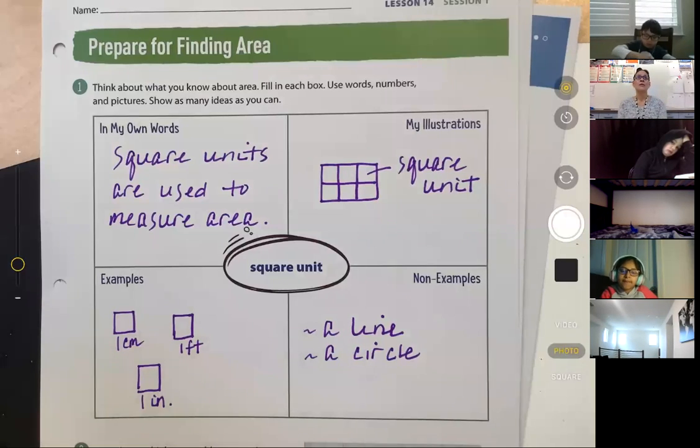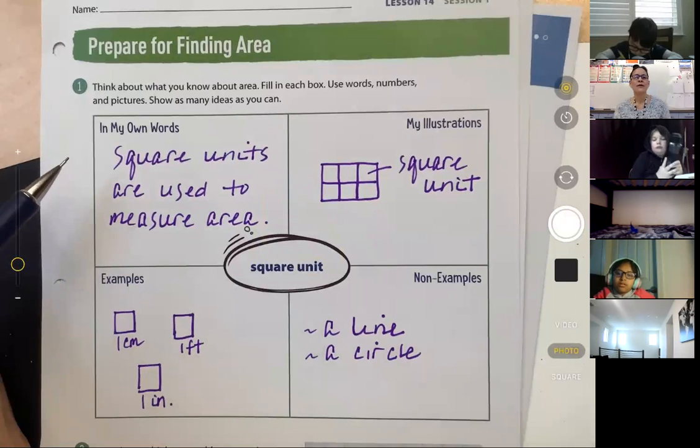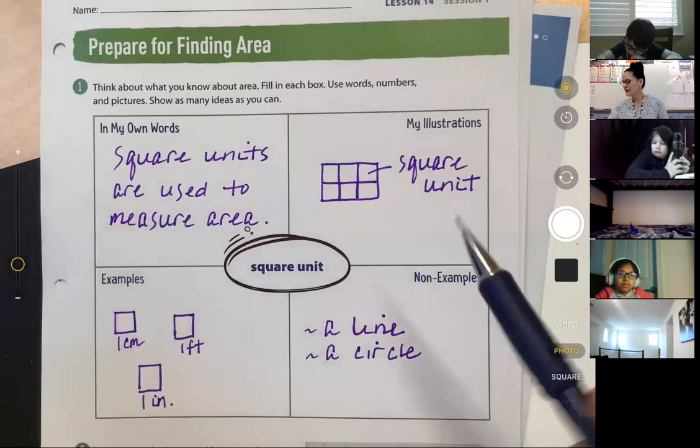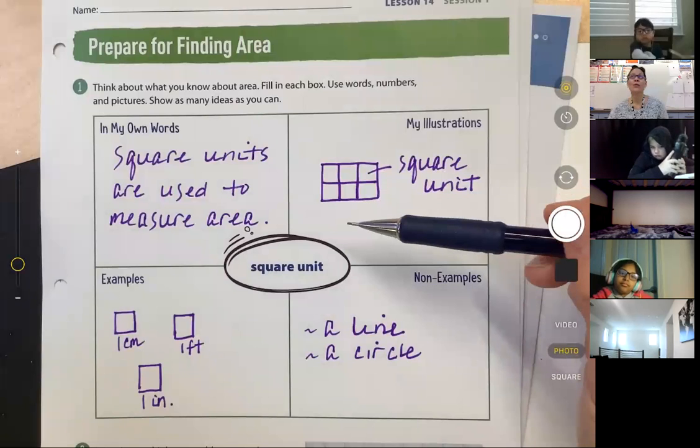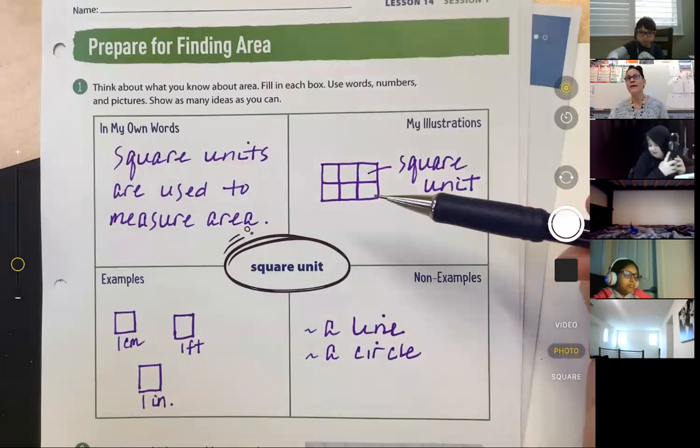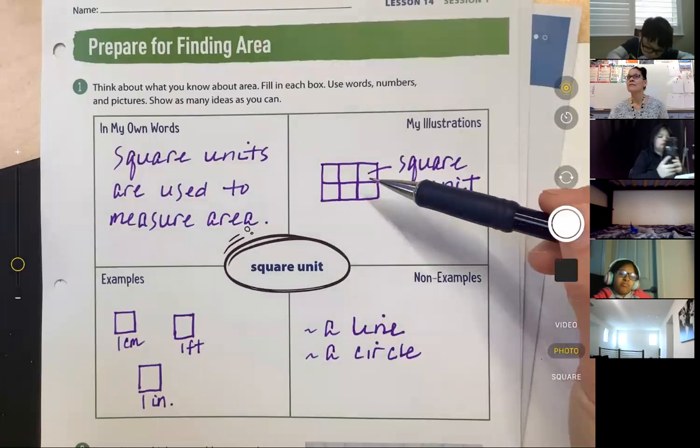So again, friends, yesterday when we were talking about page 305 and we were filling in this page in your groups, we were talking about what you knew about square units. So again, square units, in simple words, they're used to measure area. An illustration, a very simple one, right, is a rectangle that, of course, is being covered by 6 square units that you can see here, and I've identified just one square unit here.